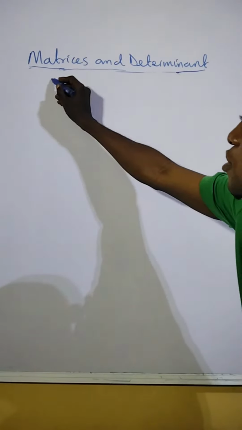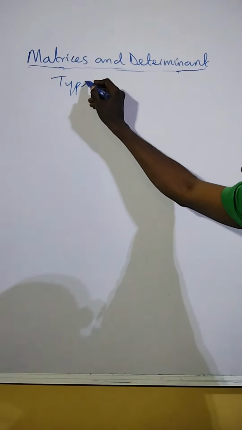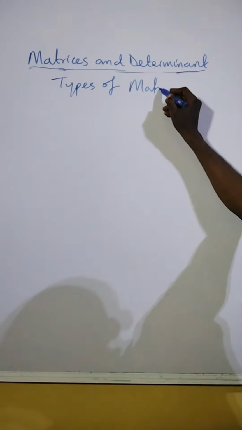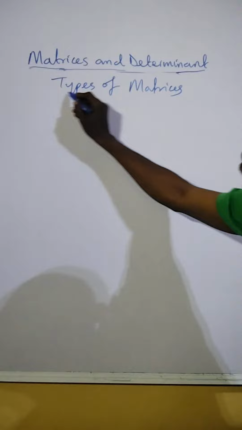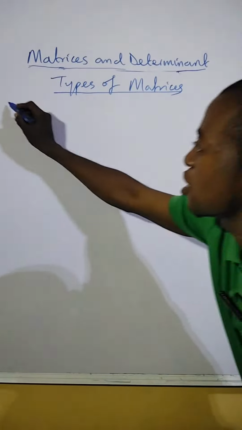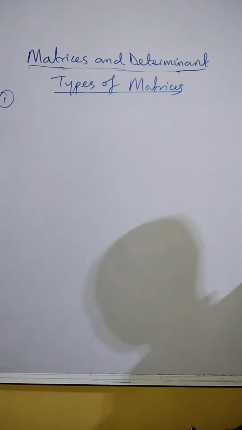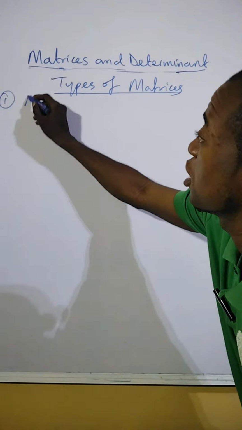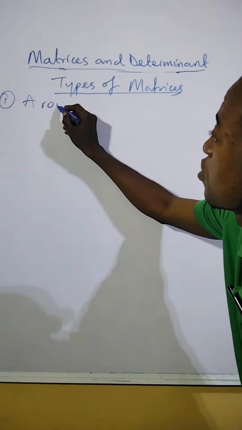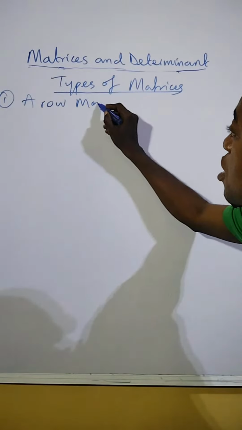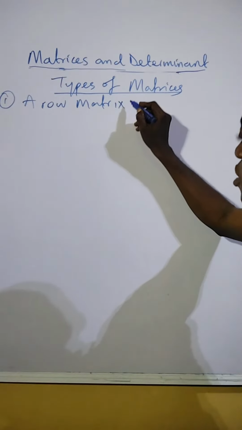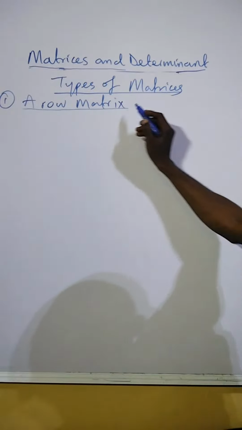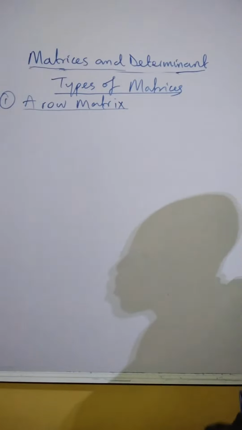The first one we look at here is a row matrix. As the name implies, a matrix with just one row of elements.